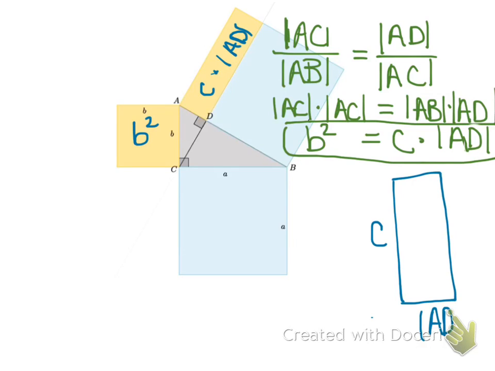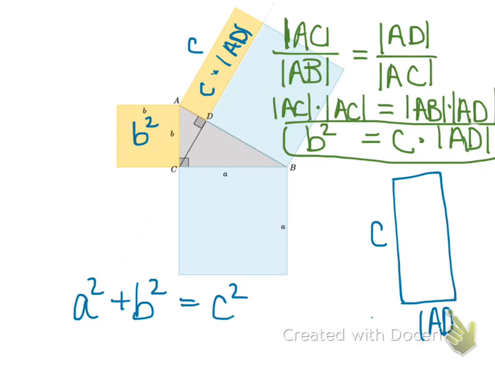Okay, so once we've done that, we have shown that A squared plus B squared, the combination of this area plus this area, is equal to C squared, because the combination of these two rectangles added together is going to be equal to the area of the square that has sides C by C. So this length is C, and this length over here is C, and this length here is also C because AD plus DB is C. So you see, this is an area argument, but it's the exact same argument in algebra as our similar triangles proof.